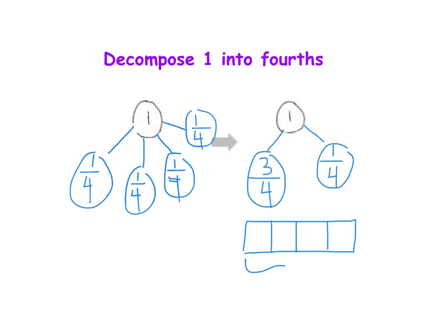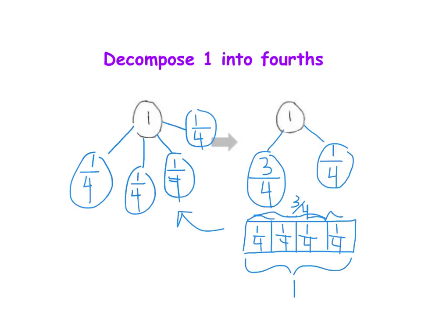I could even draw a tape diagram if we're having a hard time seeing that. Here's my one whole. And I know that 1/4 plus 1/4 plus 1/4 plus 1/4, that's this number bond right here where I decomposed it. 3 copies of my 1/4, that's 3/4 right there, from here to here.